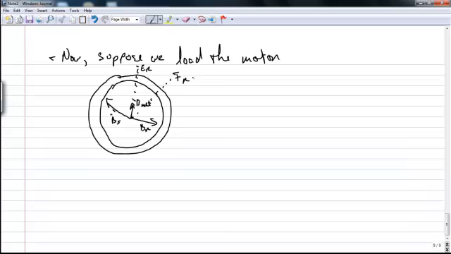Okay, so when we load the motor, the slip will increase, and the rotor speed goes down, as we would expect if we put a load on the motor. When the speed goes down, there turns out to be more relative motion between the rotor and the stator magnetic fields.